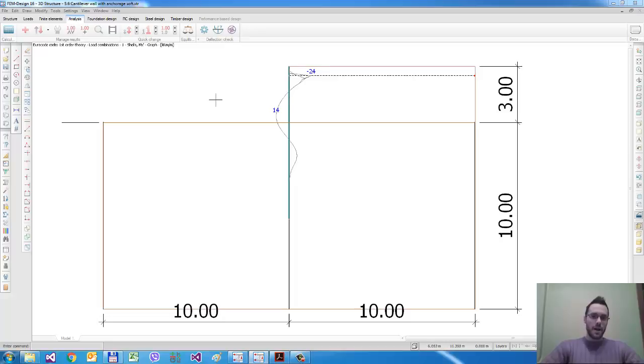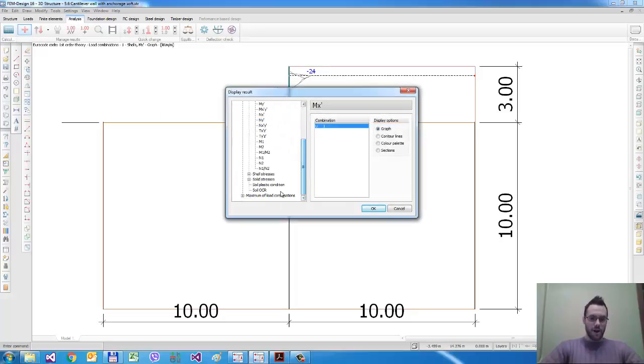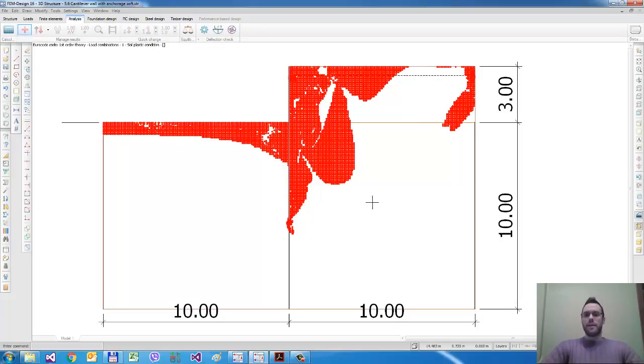moment distribution, because in this case, according to the Mohr-Coulomb criteria, if I check the active and passive earth pressure field, you can see here in this case the movement according to the rigidity of the wall is not the same. So if I imagine the passive earth pressure, the passive earth pressure occurs under a much larger displacement of the wall in this case.